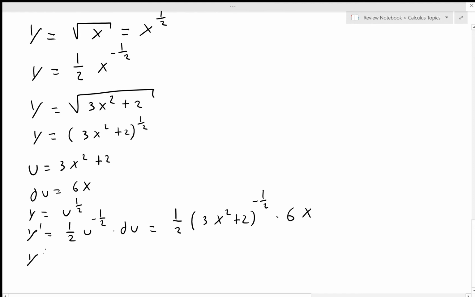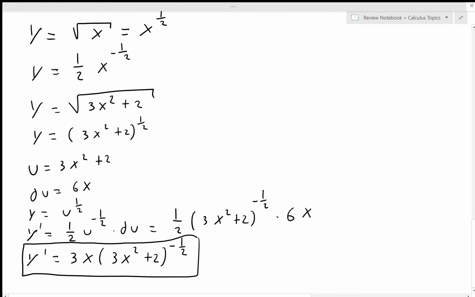And then y prime equals 6 divided by 2 is 3x times the quantity of 3x squared plus 2 to the negative 1/2. That's good enough. You can bring that to the bottom if you wanted.